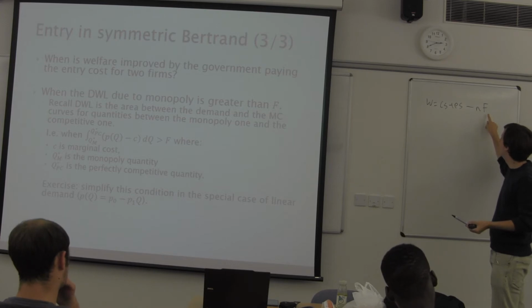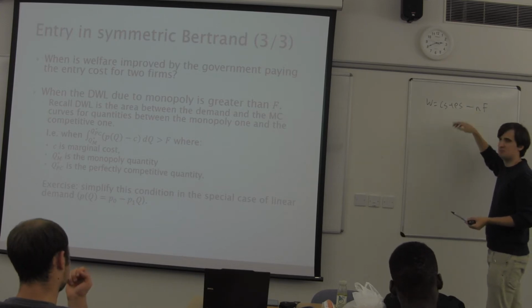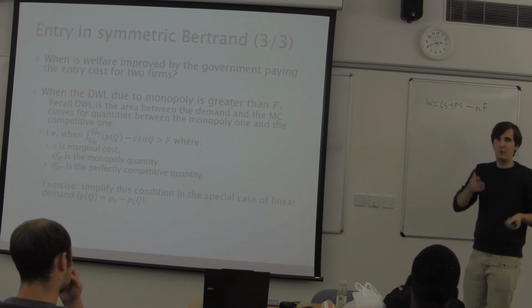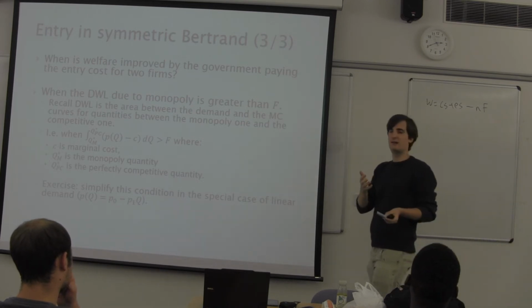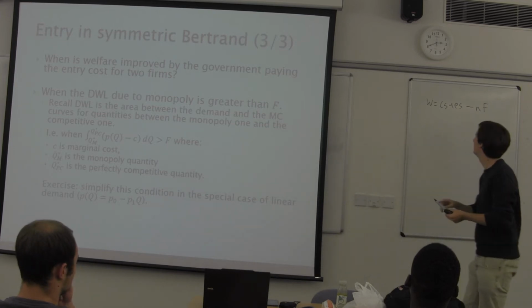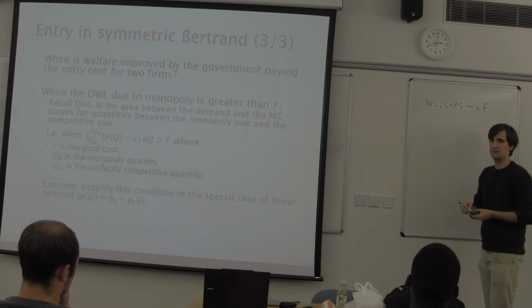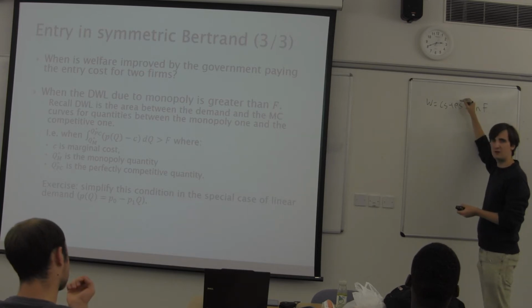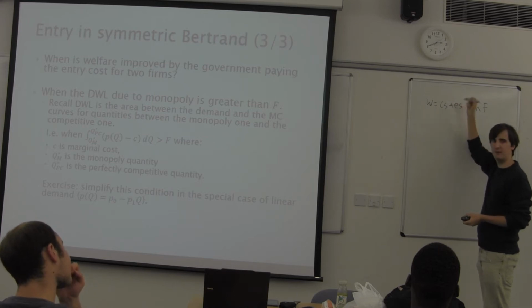But in terms of welfare, it doesn't make any difference if a firm is paying the fixed cost, or if the government is paying the fixed cost. Okay, so think of this as producer surplus from the production period, and this is consumer surplus from the production period.